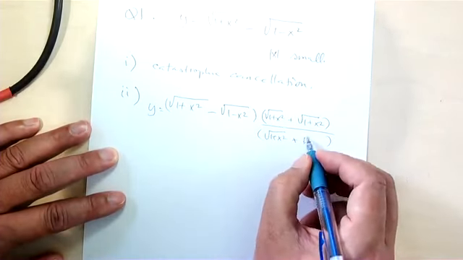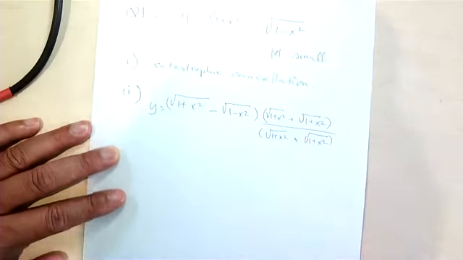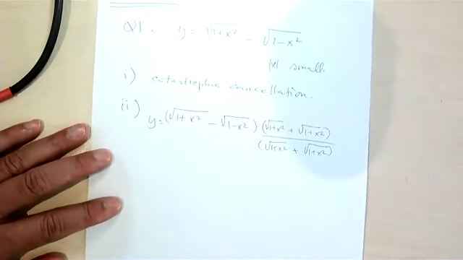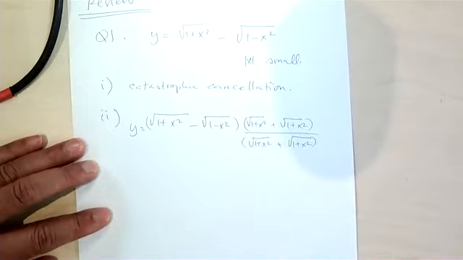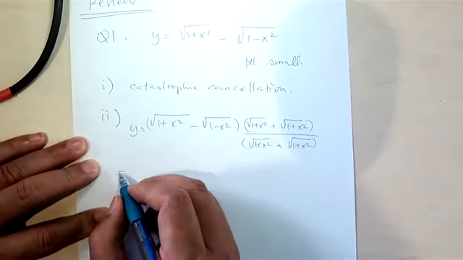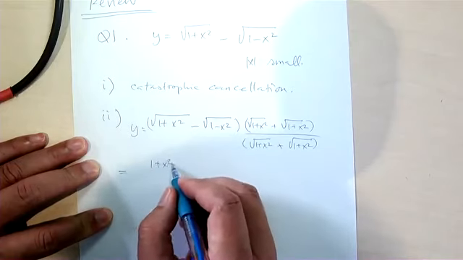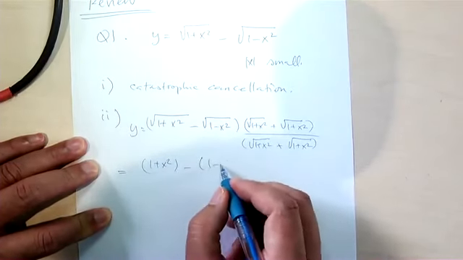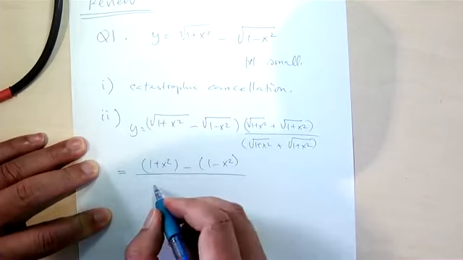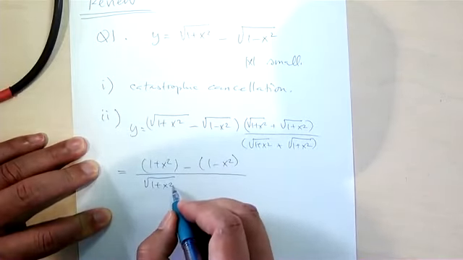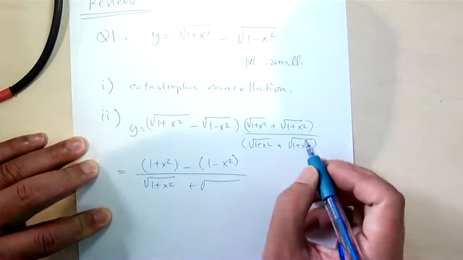And then on the top you have 1 plus x squared minus 1 minus x squared, over square root of 1 plus x squared plus square root of 1 minus x squared.